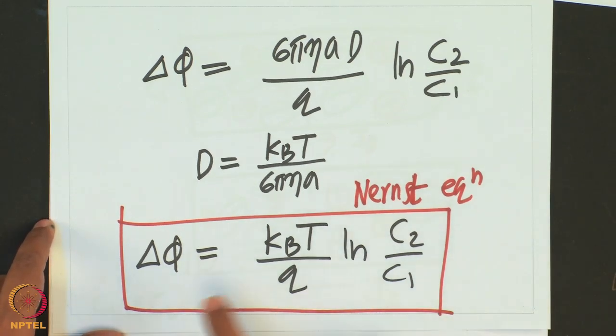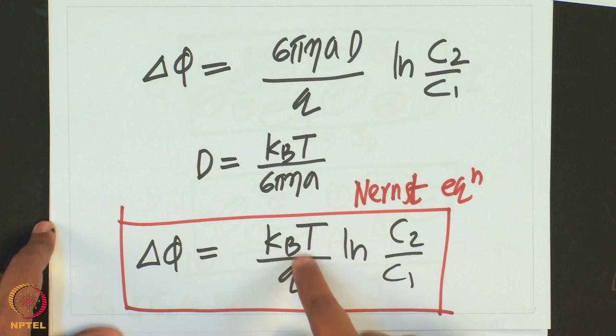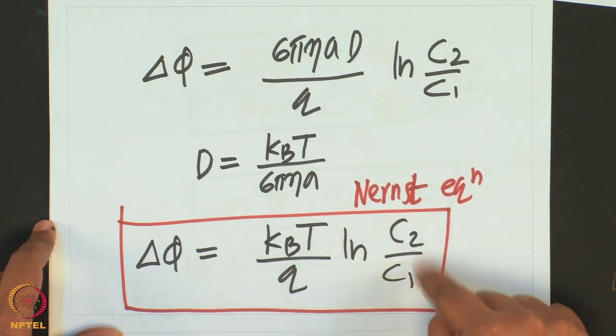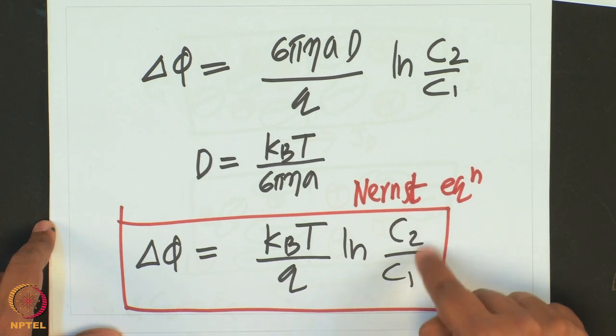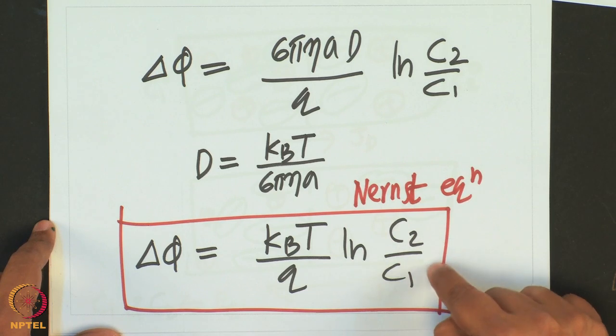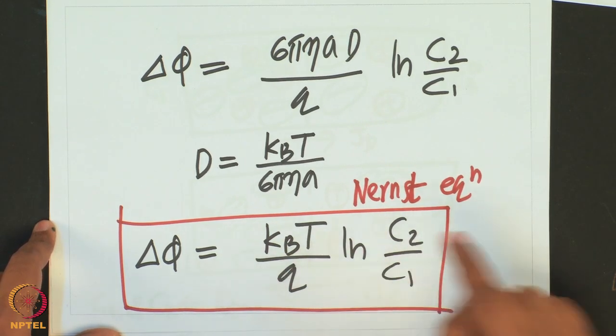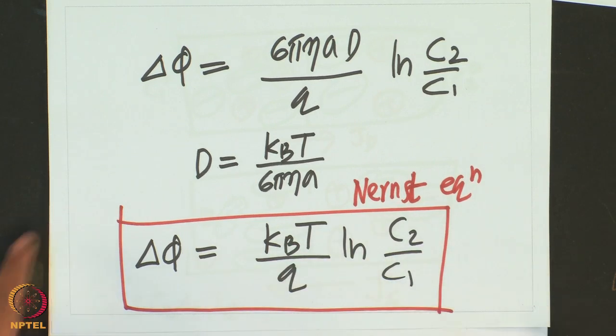This potential difference is given by the equilibrium concentrations C2 and C1, at which the flows balance, and of course the charge, the temperature, and kB, the Boltzmann constant.